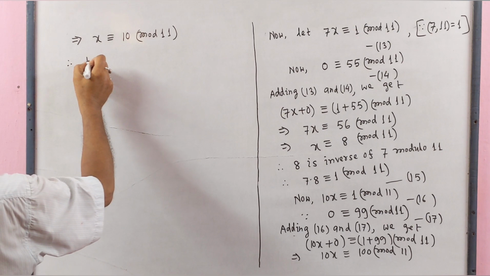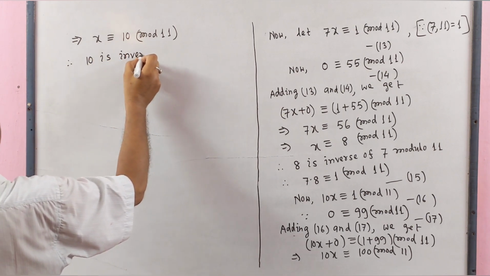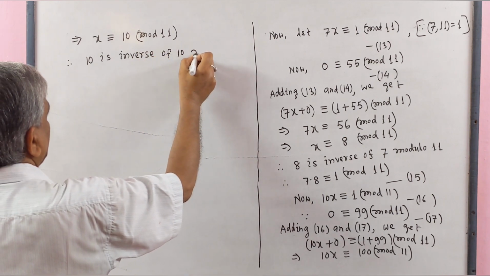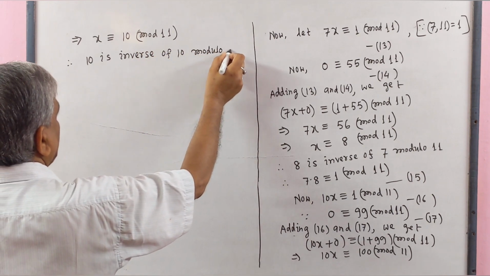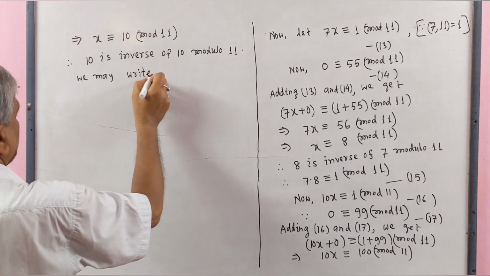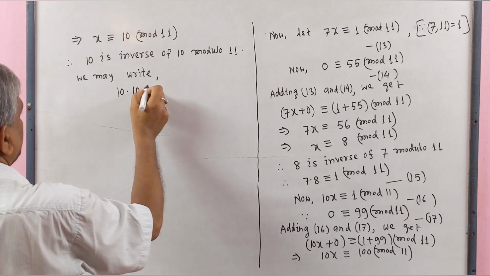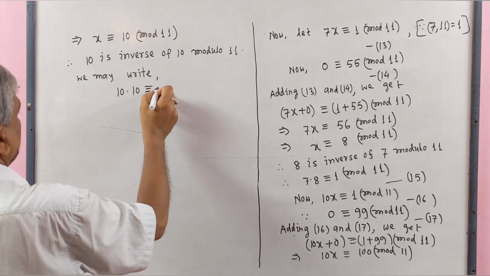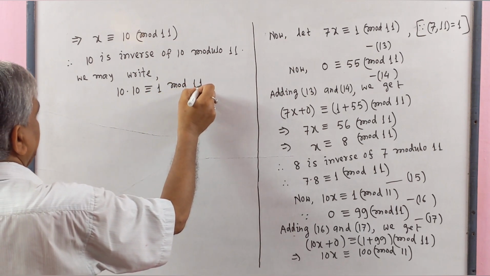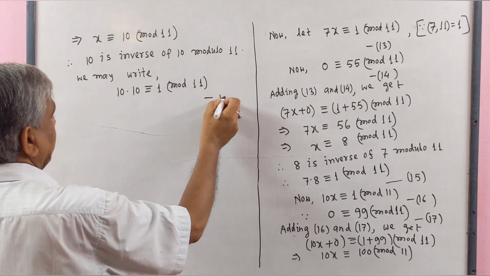Therefore, 10 is inverse of 10 modulo 11. We may write 10 multiplied by 10 is congruent to 1 modulo 11. This is number 18.